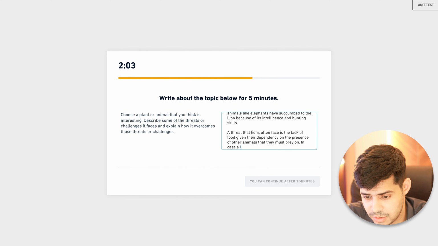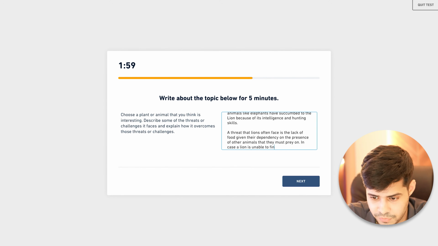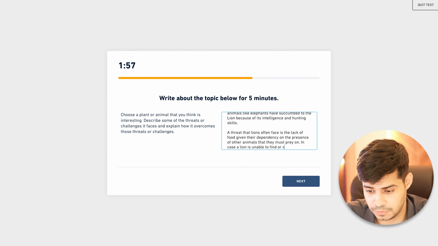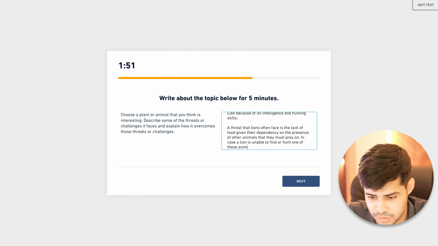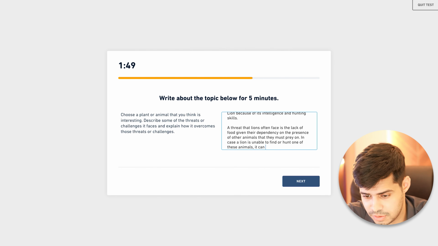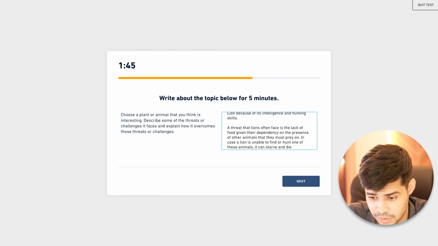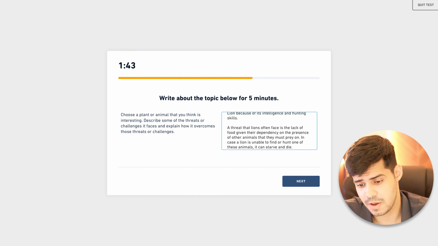In case a lion is unable to find, or again catch, you could say, or hunt one of these animals, it can starve and die, right? Okay.